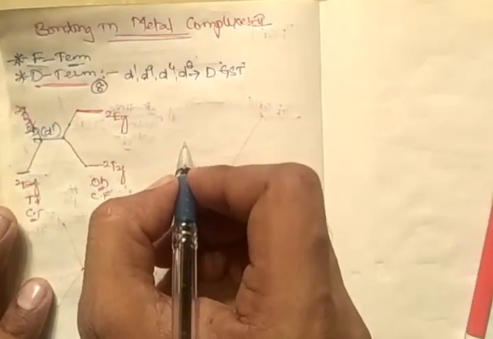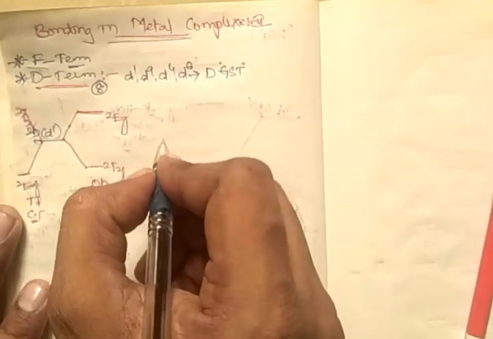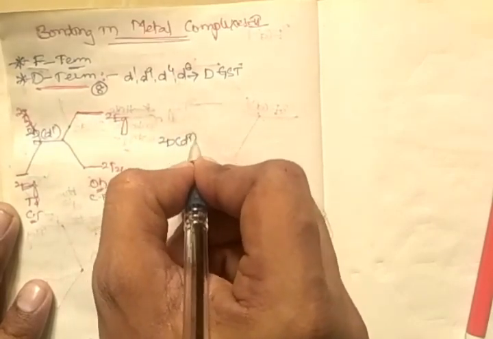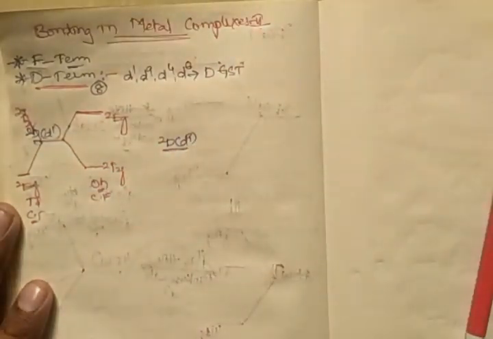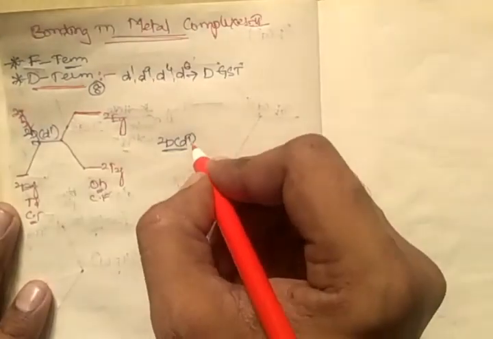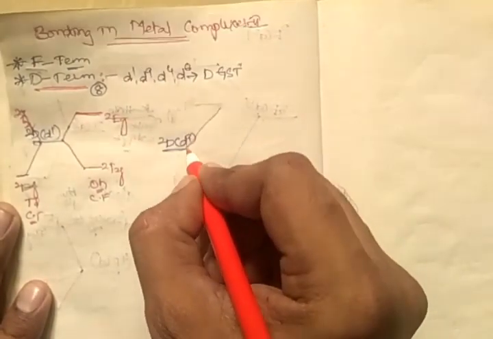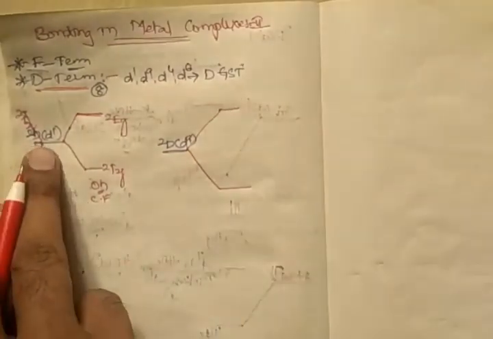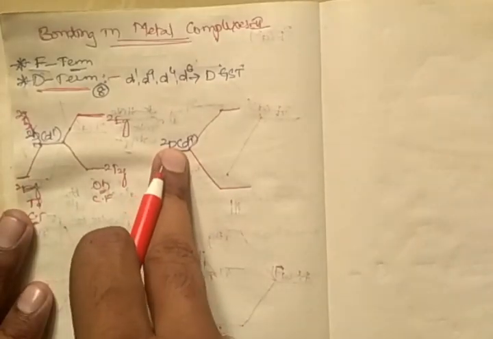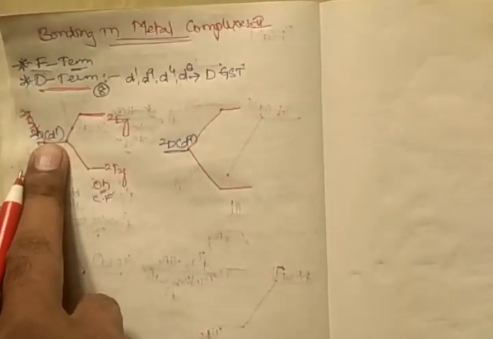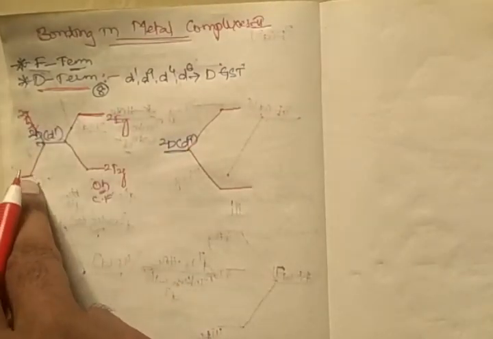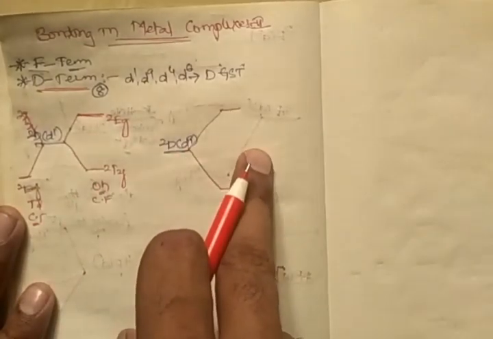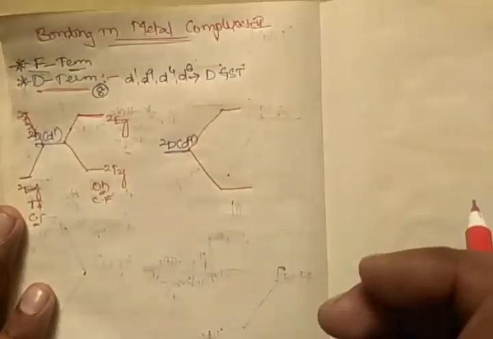And the same when we extend to the 2D term of the d9 electronic configuration, the splitting pattern in octahedral is reversed, as the d9 configuration is the inverse of the d1 configuration. The octahedral and tetrahedral splitting patterns get reversed for the 2D term of the d9 configuration.